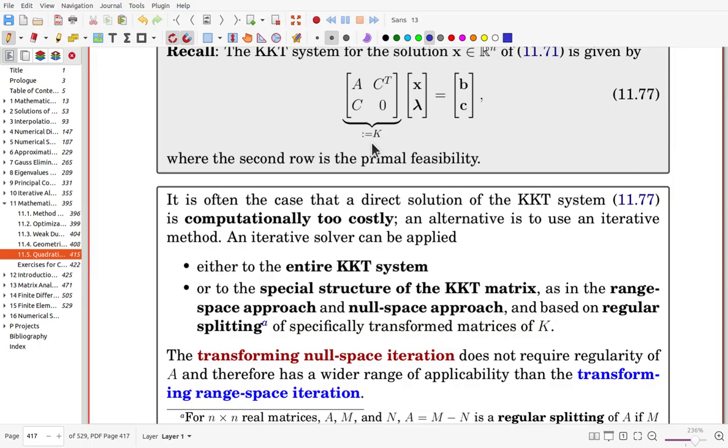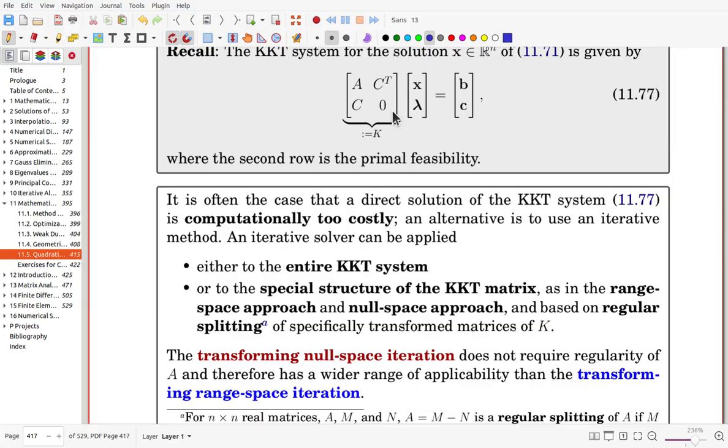So we have to choose some iterative alternatives, and we can apply an iterative algorithm to the entire KKT system, or use some special structure of the KKT matrix, either part of the KKT matrix or after some transforming, particularly the similarity transformation. After that, we try to use some part of the transformed matrix.